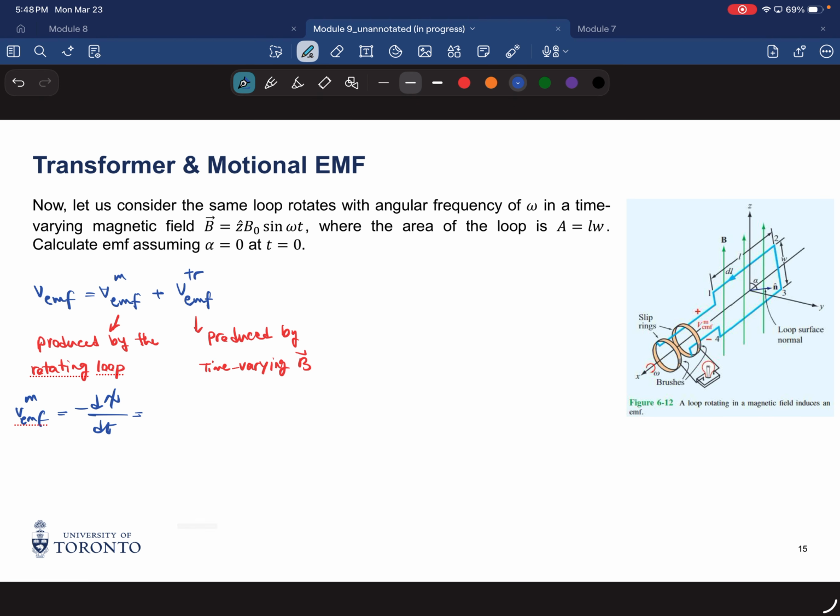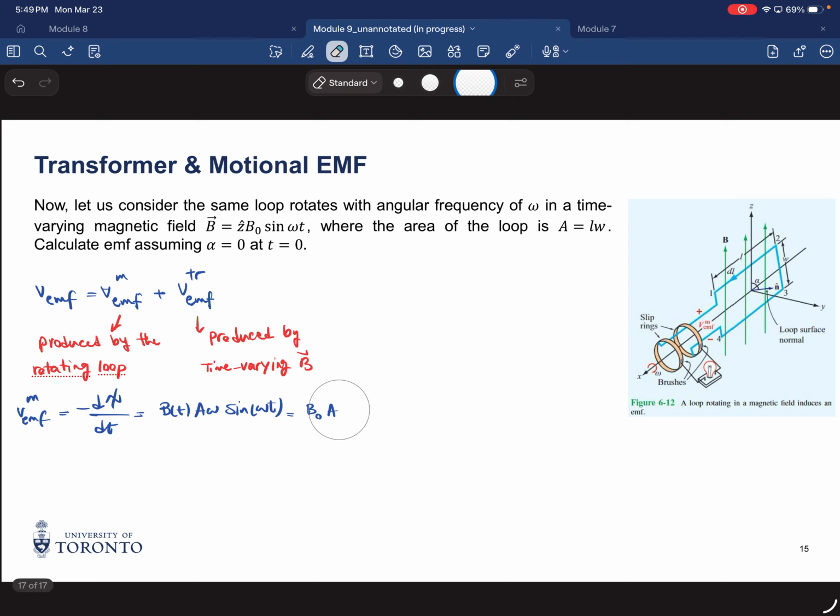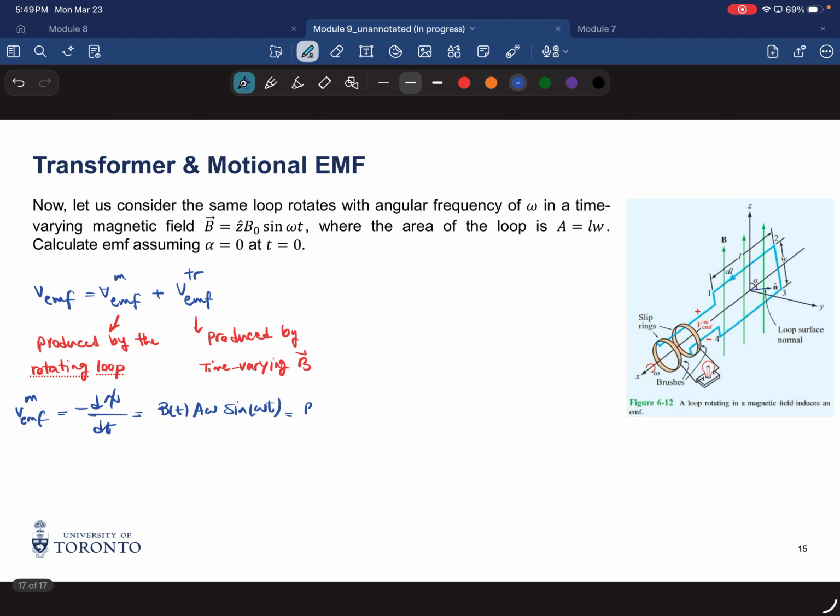So it's going to be B naught sine omega t A omega sine omega t, which is B naught A omega sine squared omega t.